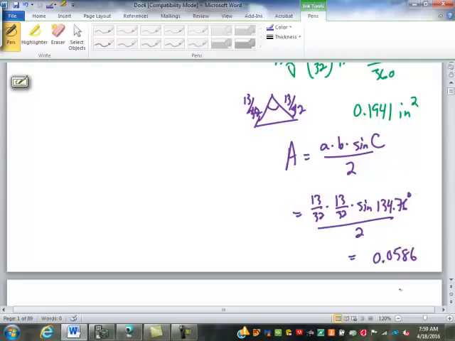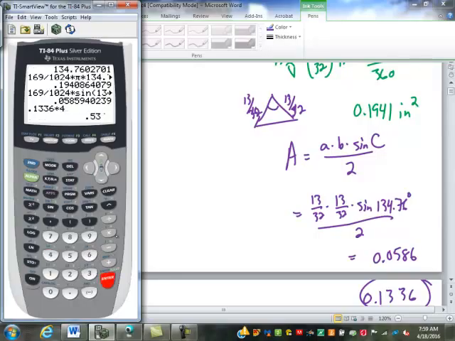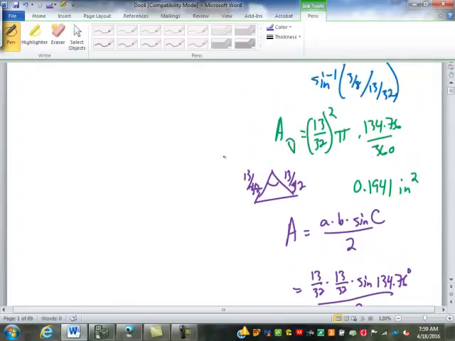Subtracting that gives us 0.1336 is the area of that segment. We're going to multiply that by 4 because that's the depth. So 0.1336 times 4 inches, so 0.5344.